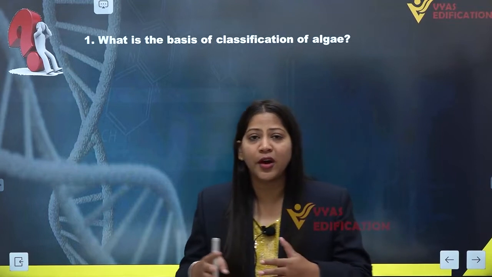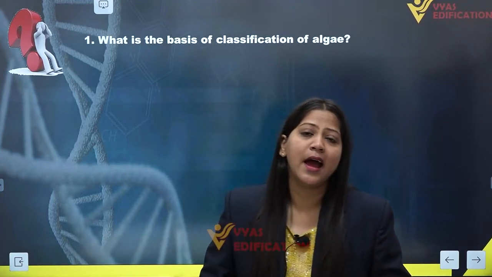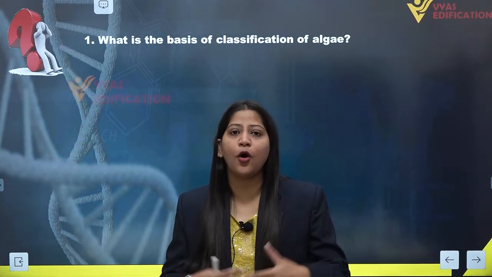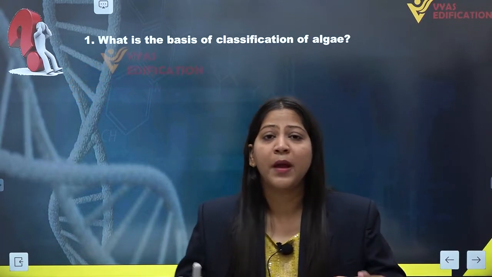So all these major pigments differ in different categories, and on the basis of these major pigments algae is classified into 3 different categories. These pigments are actually responsible for the coloration present in the algae, such as green, red and brown.